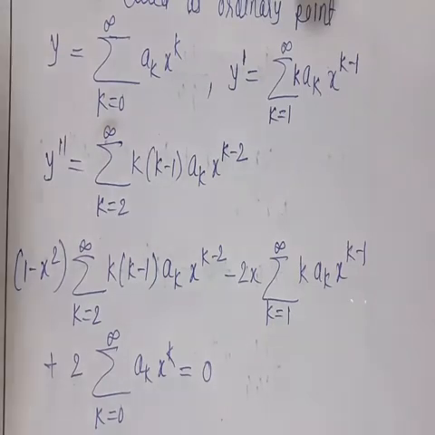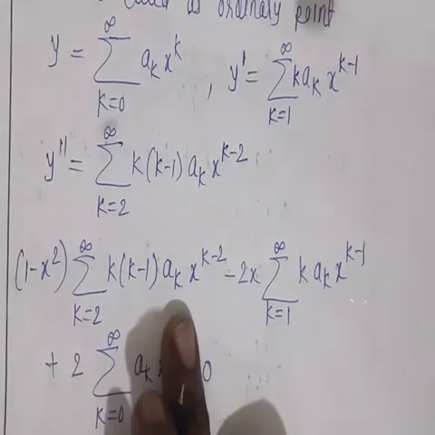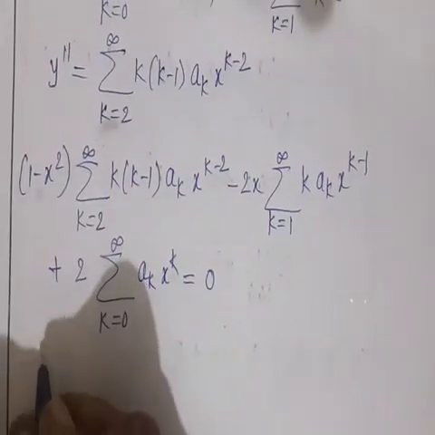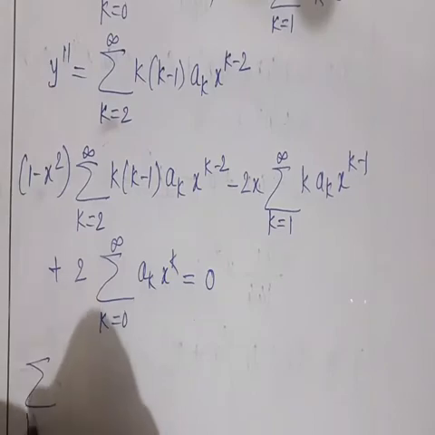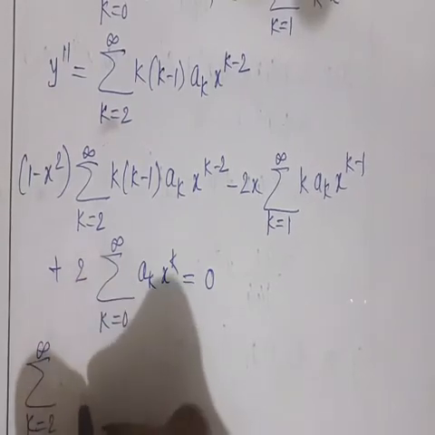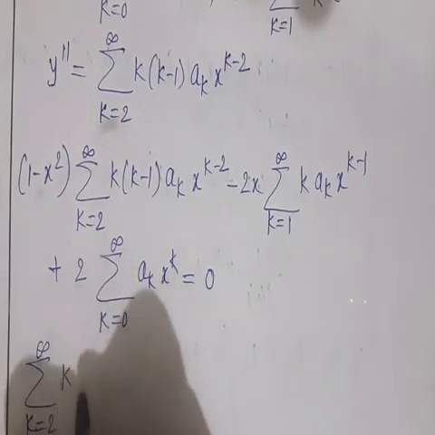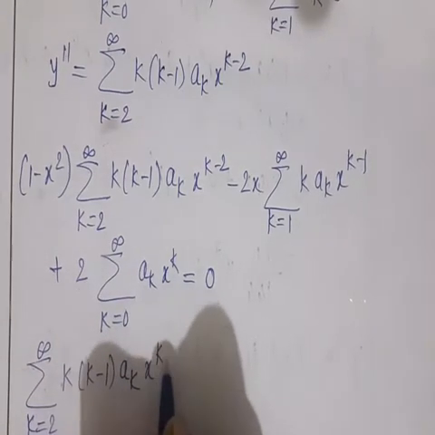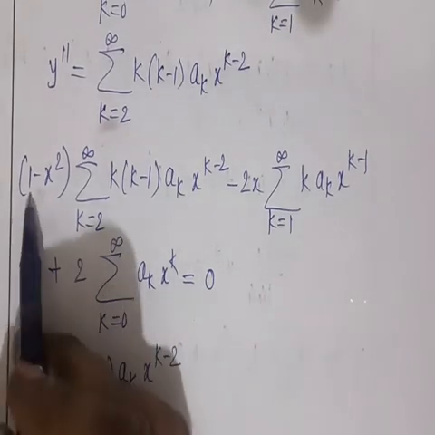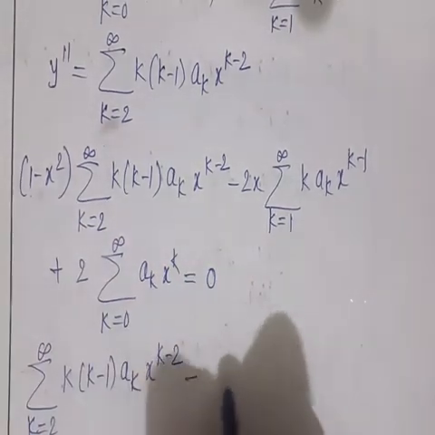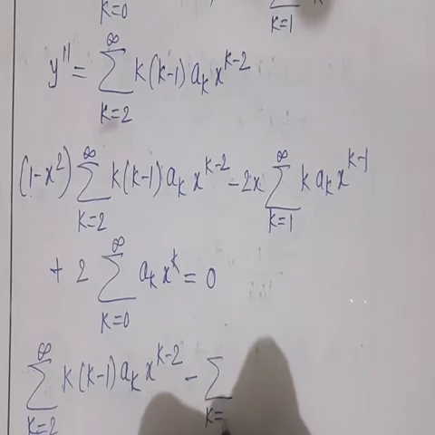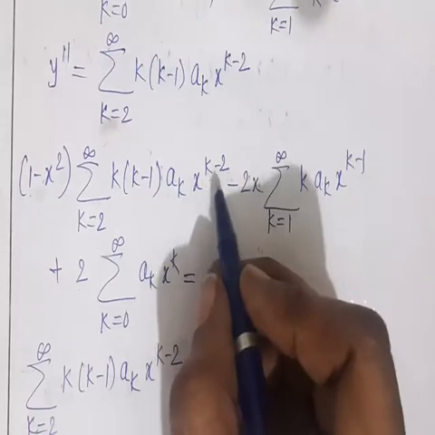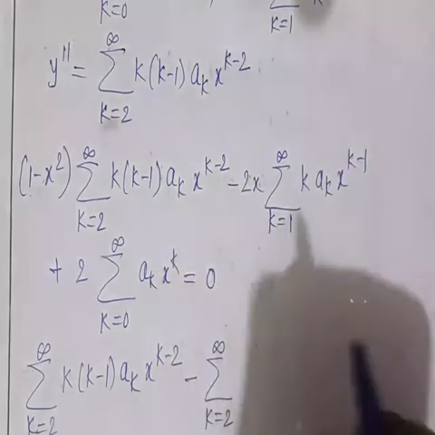Now first, write 1 multiplied by summation k = 2 to infinity k(k - 1) a_k x^(k-2). This term remains as it is because it is 1 multiplied. Then minus summation k = 2 to infinity x² multiplied by x^(k-2), which is x^(k-2+2), that is x^k.